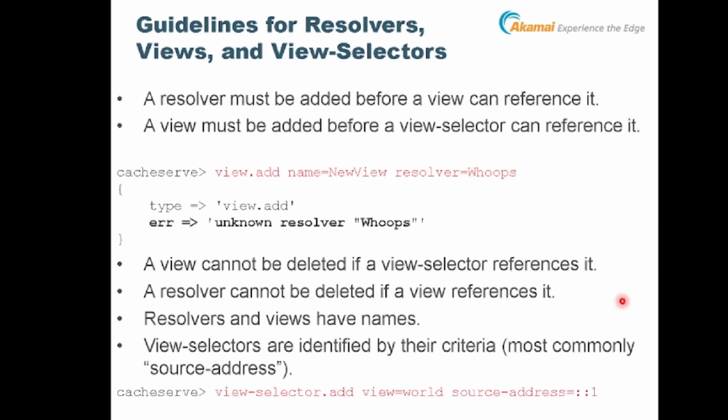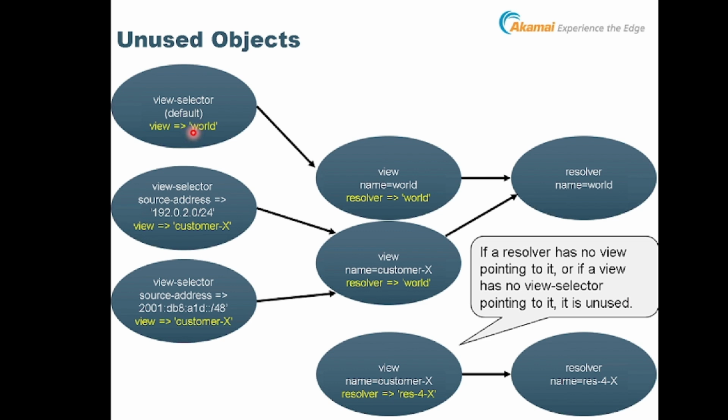And when this view selection happens, the view selector that is the closest match to whatever property is being examined wins. So we're analyzing, say, the source IP address of the packet. If it matches, the closest matching view selector is the one that wins.